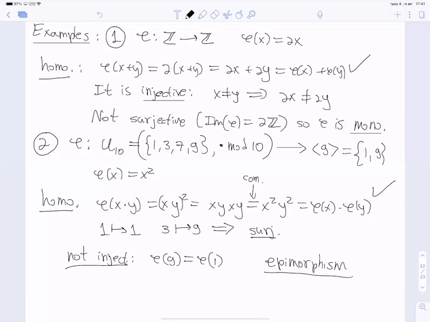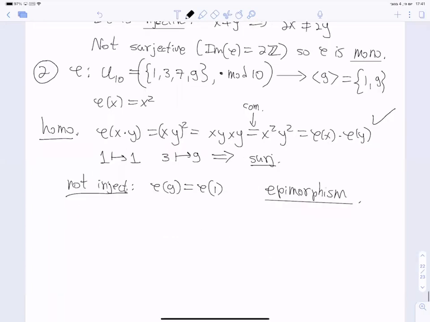Now, as you can see, this was a homomorphism only due to the fact that the group was commutative. But in general, taking an input and taking its square is not a homomorphism.